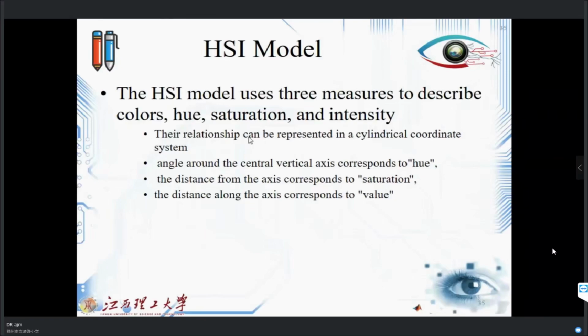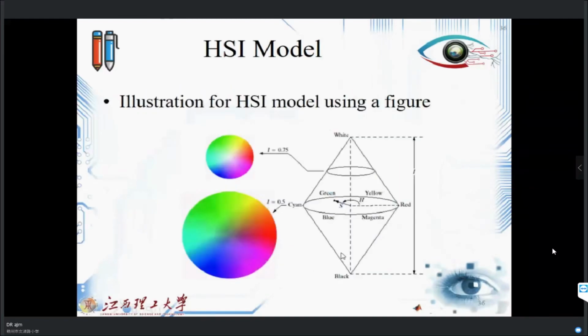Angle around the central vertical axis corresponds to hue. Distance from the axis corresponds to the saturation, and distance along the axis corresponds to the value that you can see now. This HSI model, you can see it as the sheets of white, green, and blue, and an illustration of them which we represent here.